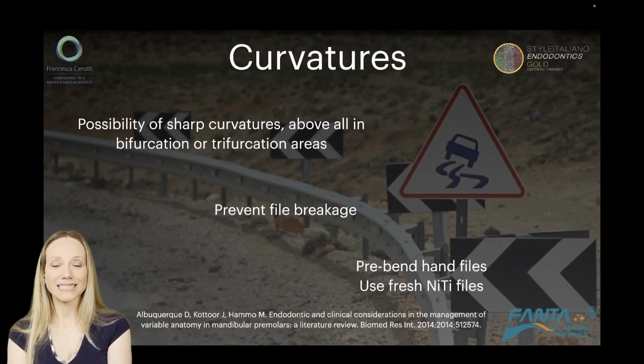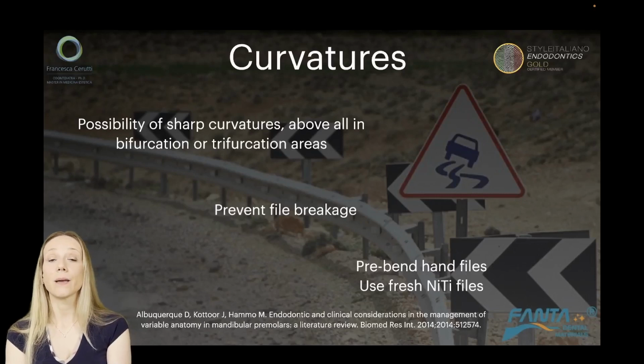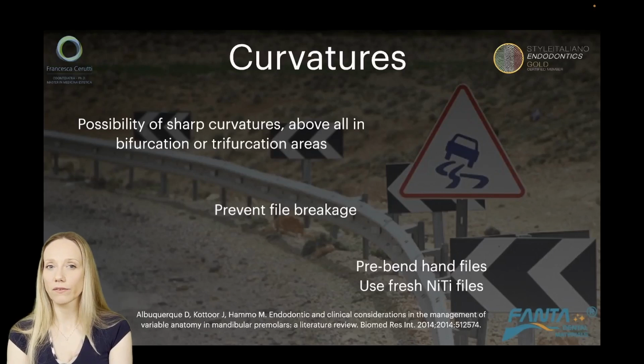So in maxillary premolars we can have them, but way more in mandibular premolars, in that extremely small percentage of cases where we have bigger trifurcations. In that case, we have to prevent file breakage.